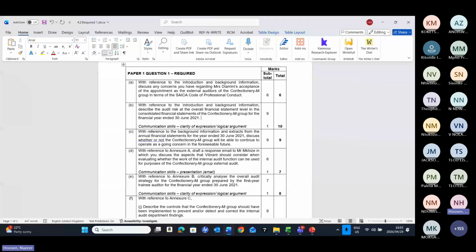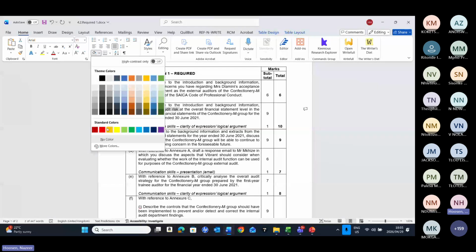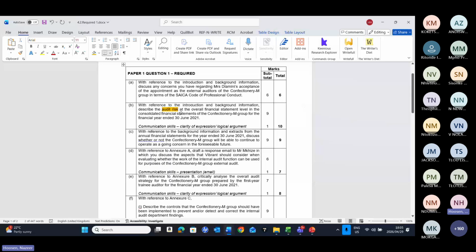For part B, with reference to the same information, describe the audit risk. And in this instance, when we look at audit risk, we need to understand that the audit risk is broken up into the inherent risk.